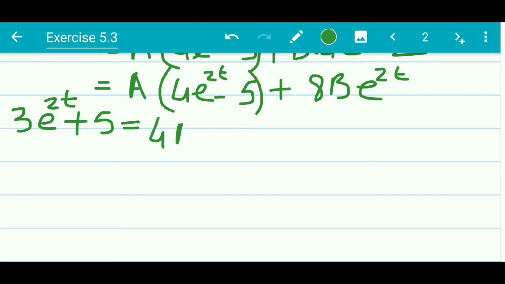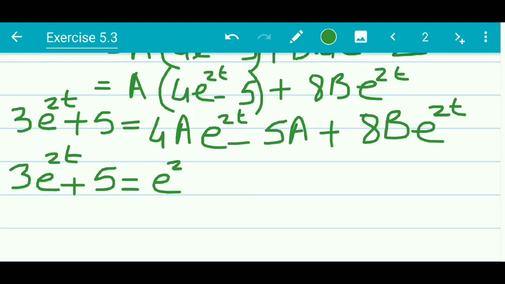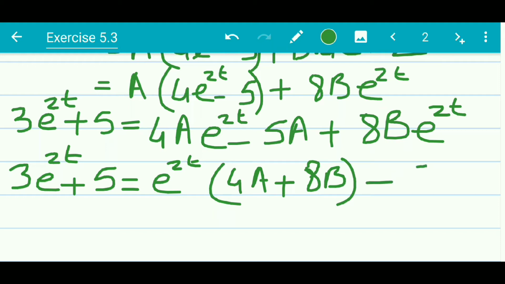So we get 4a e^(2t) - 5a, plus 8b into e^(2t). Now we can take the terms containing e^(2t) on the RHS and group them together to make it simpler. The LHS we write as it is, and on the RHS we take the terms containing e^(2t): the first term 4a and the last term 8b come in the bracket because both of them contain the common term e^(2t). And minus 5a remains as it is.